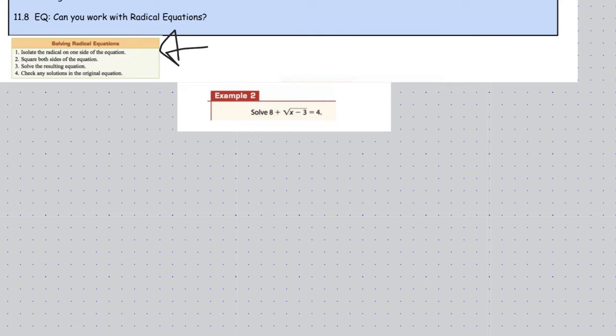Step 1 says isolate the radical. In example number 1, that was already done for us, but in this one, we need to get the radical alone. So I'm going to subtract 8 from both sides. That gives me the square root of x minus 3 equal to 4 minus 8, which is negative 4.